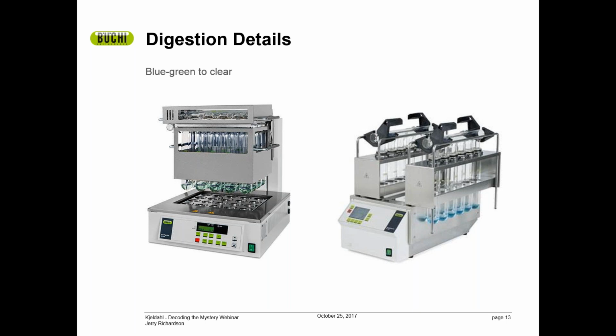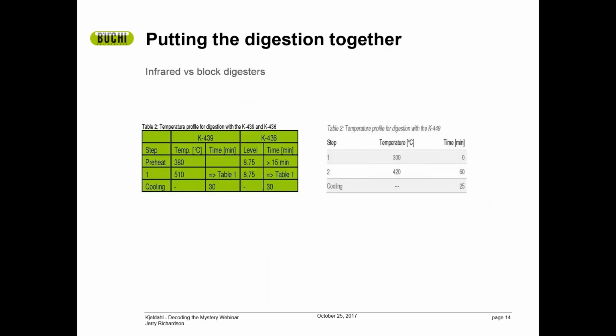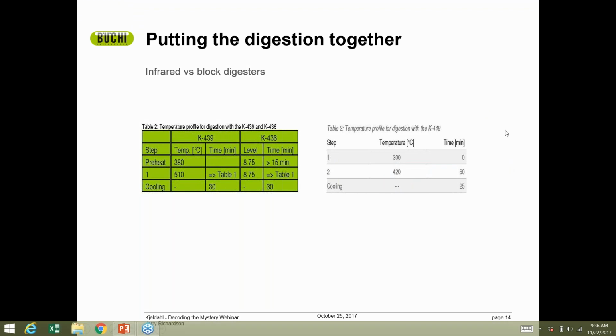There's a space, and then you have the glass, and then you have the sample. Okay, so when we look at the two different together, we do accomplish the same things, but we do, if you notice, see temperature differences. So those temperature differences right here with the block digester and here with the infrared digester. Nothing major, just a simple difference is all it really is in style of how we want to digest.